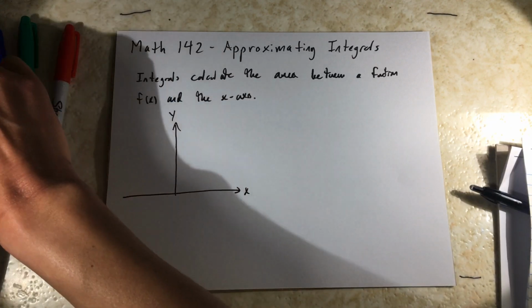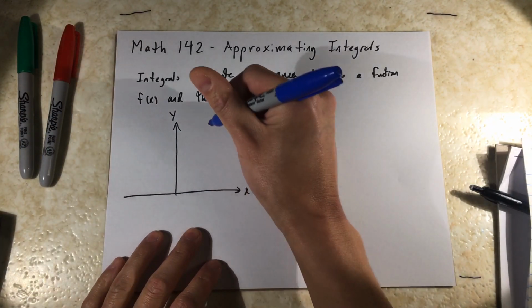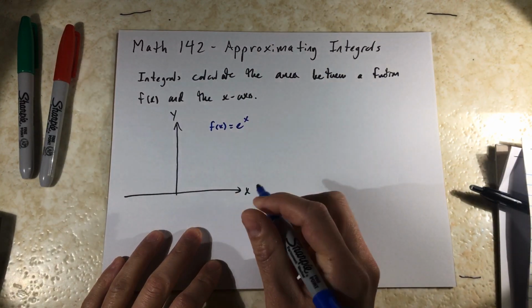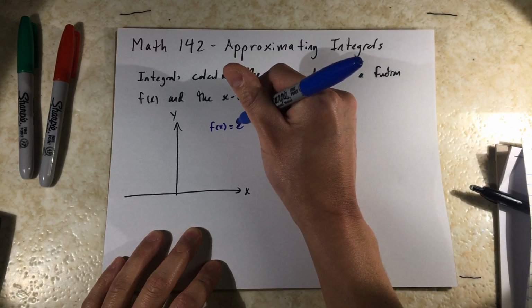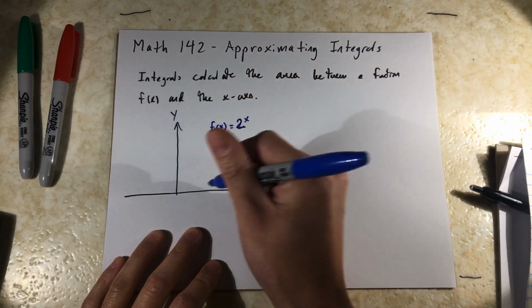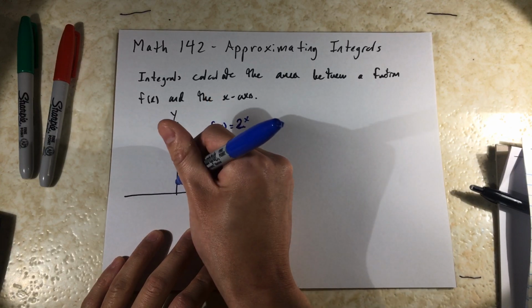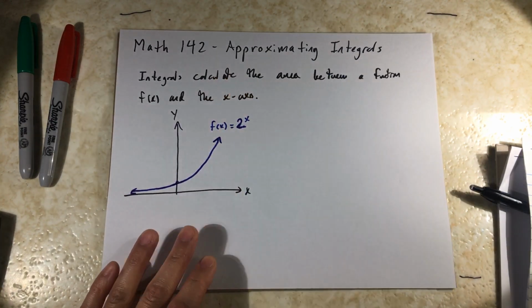Okay, so let's say that we have some function. In this particular case, I'm going to graph the e to the x function. So f of x equals e to the x. Actually, we haven't really talked too much about e to the x, so let's call it 2 to the x, something like this. This is our exponential function.